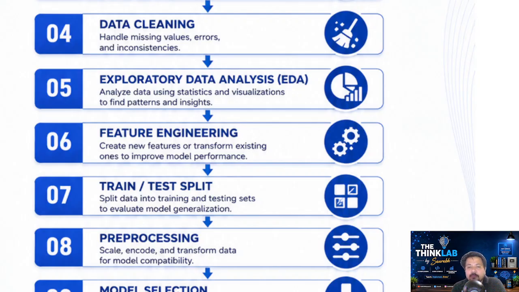Now we are moving to step 7, train-test split. We need to divide our data set. Why? Because we want to evaluate our model on unseen data. Suppose we have 10,000 house records and we use 80% for training and 20% for testing.